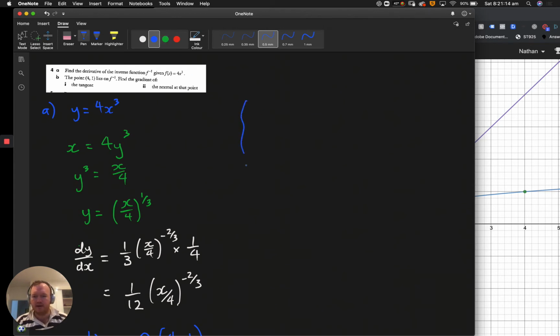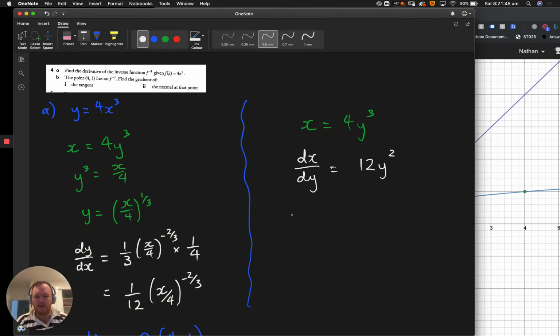So I'll just do that down the side here, and I'll show you that it's going to end up with the same result. The first thing we do if we're starting with the original function is we start with x equals 4y cubed, that same process. And then again, I'll jump over to white because what I'm going to do is start finding the derivative of the inverse. So the first thing I'm doing is dx/dy, and that's going to be 12y squared.